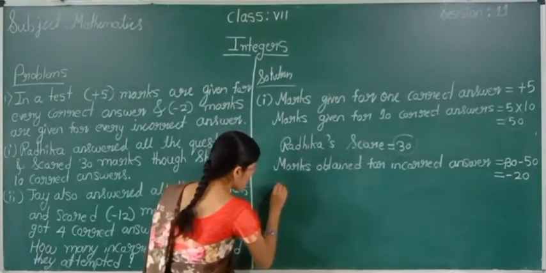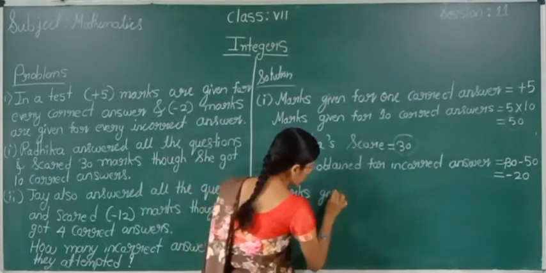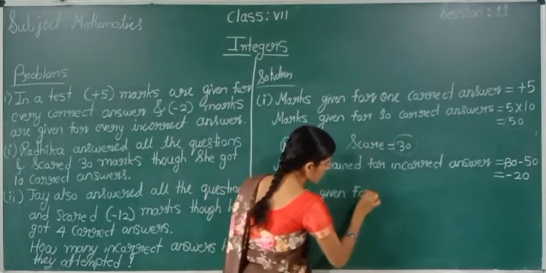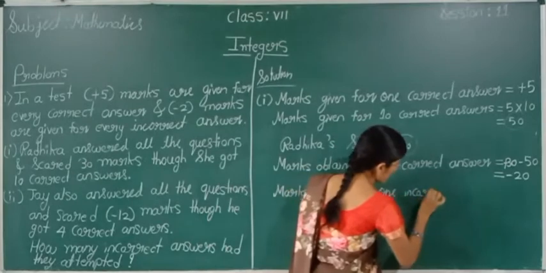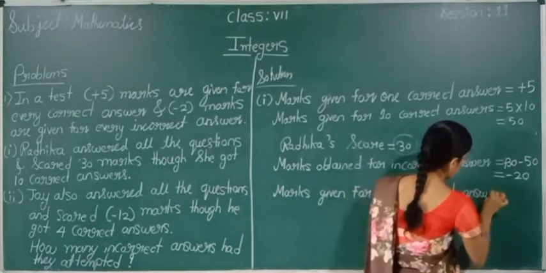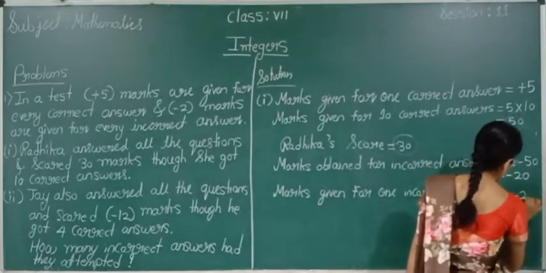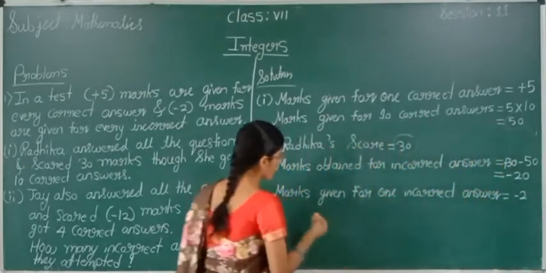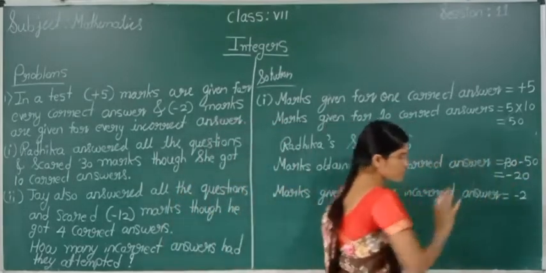Now see here, marks given for one incorrect answer is -2. Marks obtained for incorrect answers is -20.